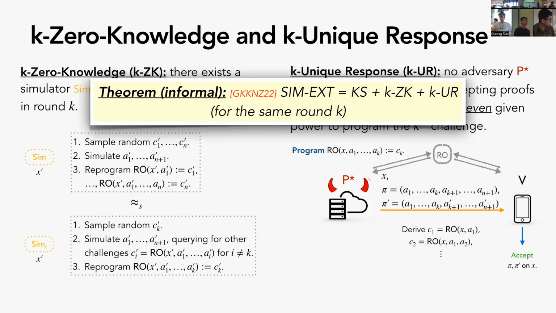Also, why do you care about giving P-star this additional power to reprogram the Kth challenge? Yeah, so it has to do with faithfully sticking to the SIM-EXT experiments. And remember that in the SIM-EXT experiments, the knowledge soundness adversary may generate simulated proofs. And these simulated proofs are allowed to program the Kth challenge.